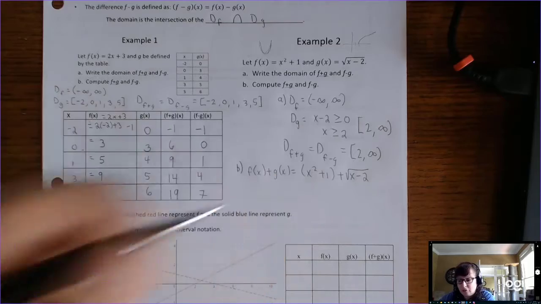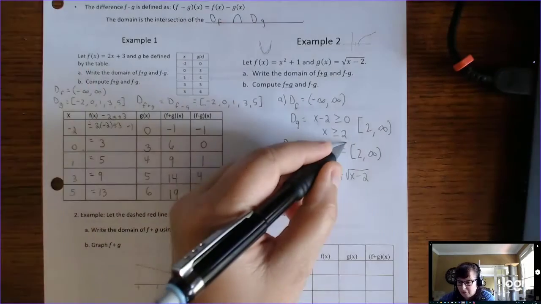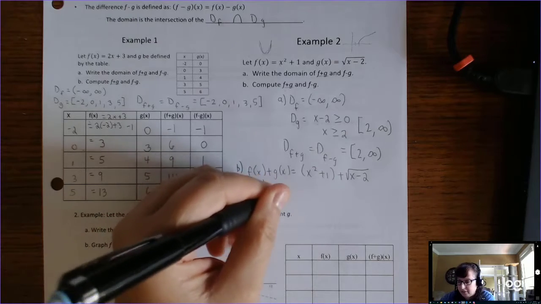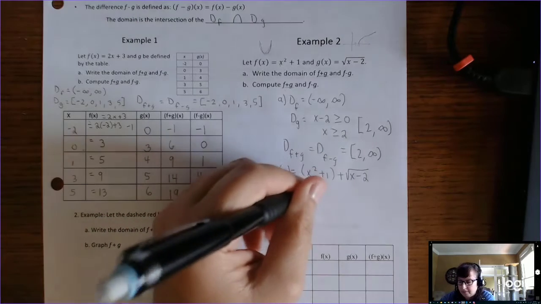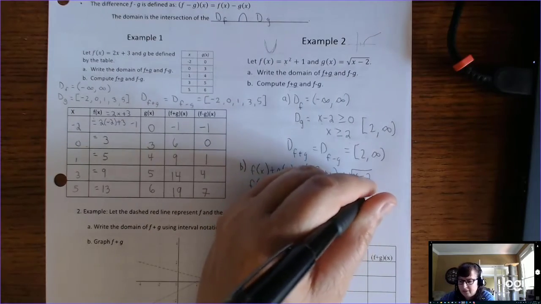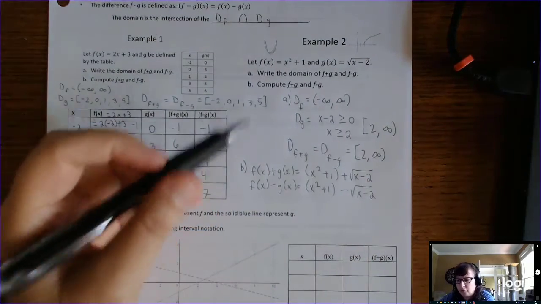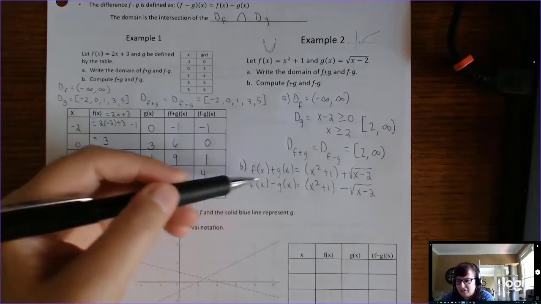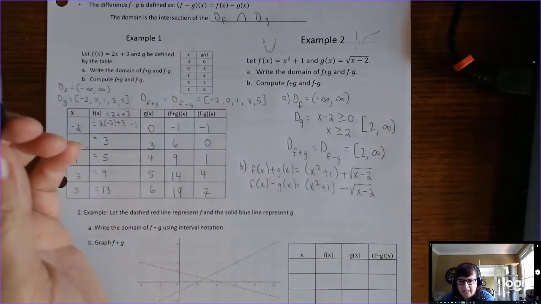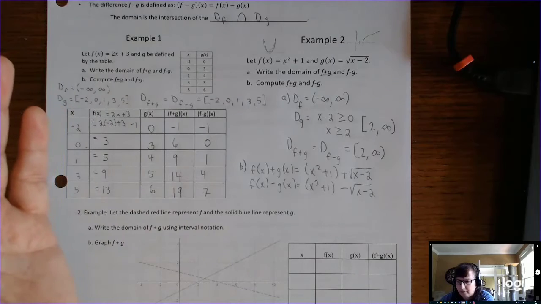This is your new function, and it has this domain. If we want to find f of x minus g of x, that would just be f of x minus g of x. And resist the urge. Understand what you're doing. You're creating two new functions that are weird. And that's it. There's no like terms to add or subtract. So that's it.